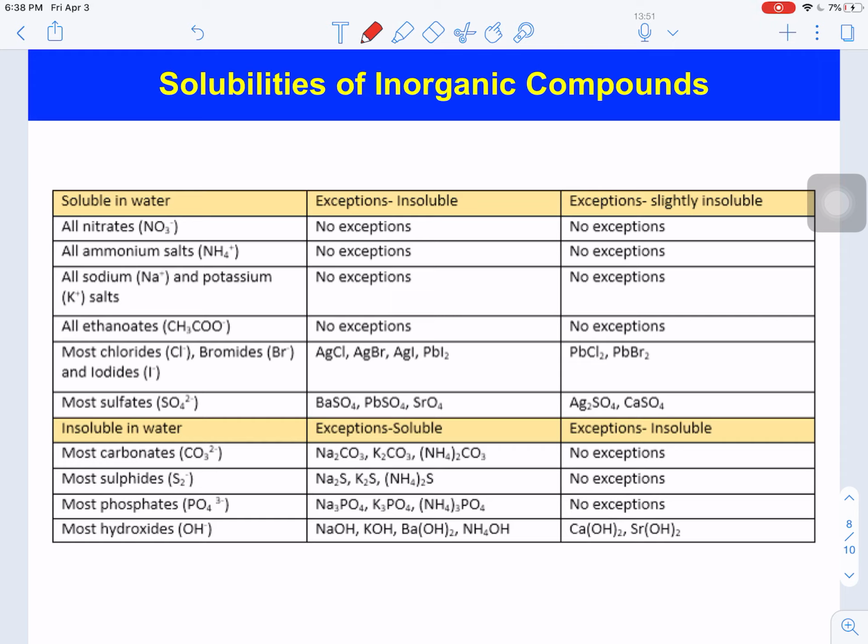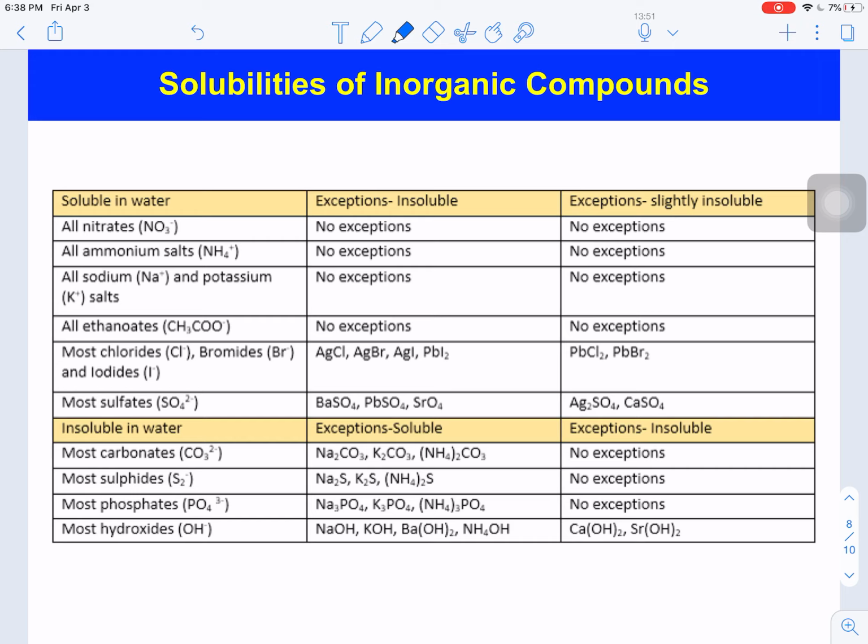Here we have our solubility table. So the solubility table is a visual representation of the solubility rules. We'll probably be going over that in class in the future soon, but for now you just want to be able to make sure you can read this table and understand it.